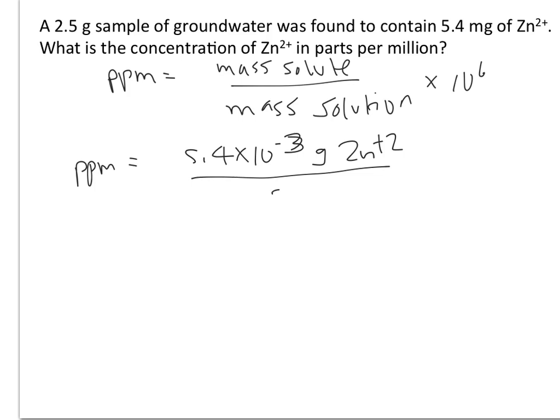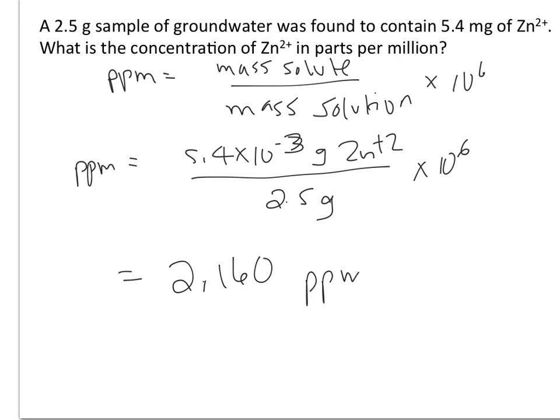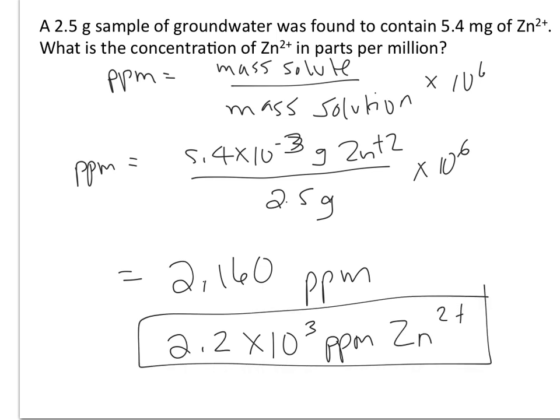I'm going to divide that by the mass of our solution and multiply that by 10 to the 6th. So you plug that into your calculator, and that gives us 2,160 parts per million, or 2.2 times 10 to the 3rd parts per million of zinc 2 plus ion.